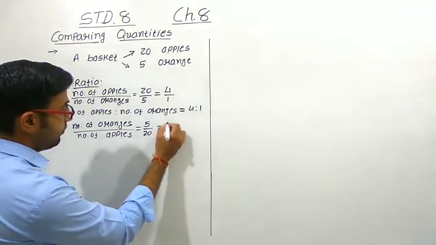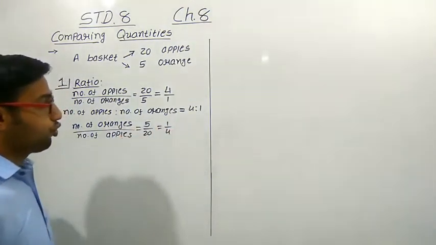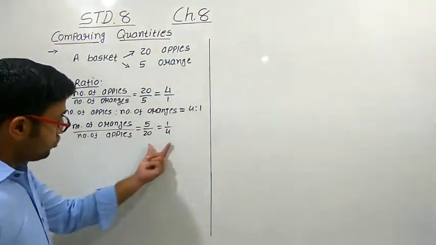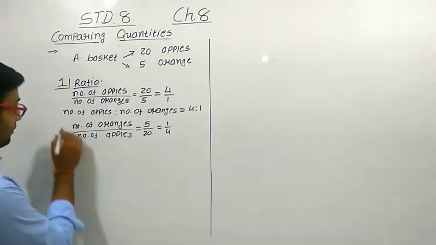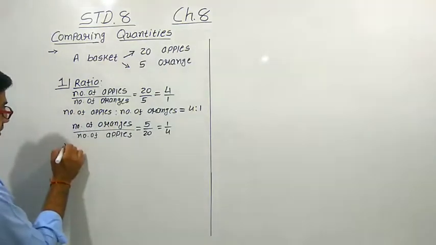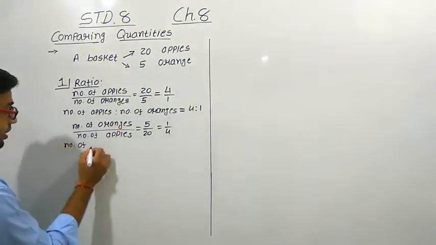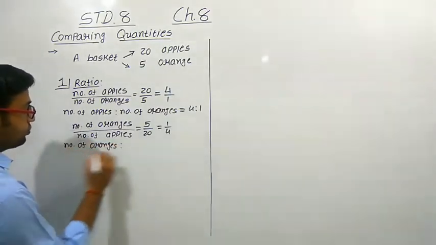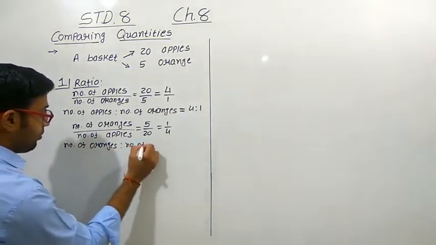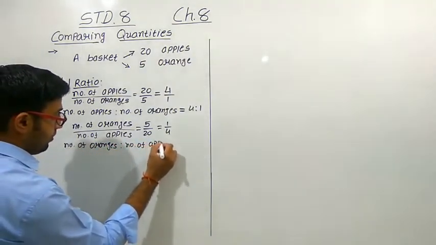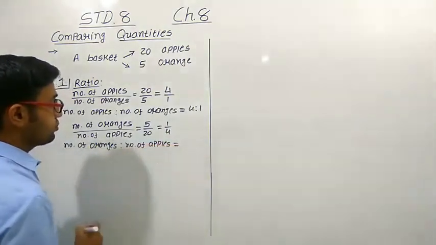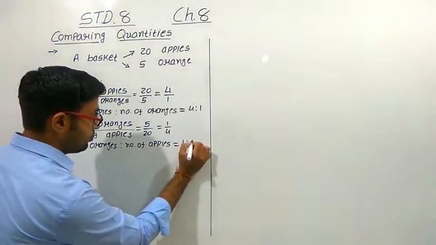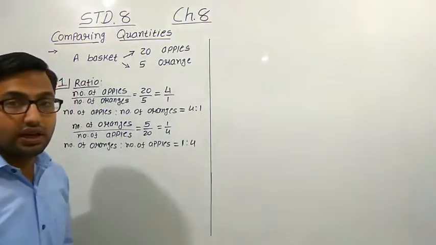So we get here 1 upon 4 when we cut the common factor. So here the ratio is changed. In the same way, we can write number of oranges is to number of apples, that is equal to 1 is to 4, right?